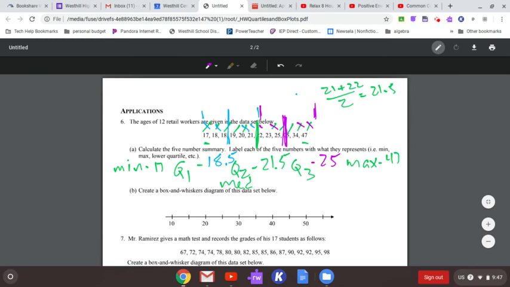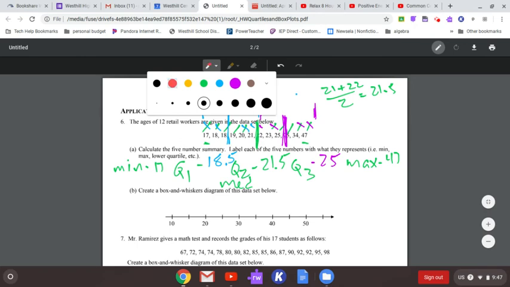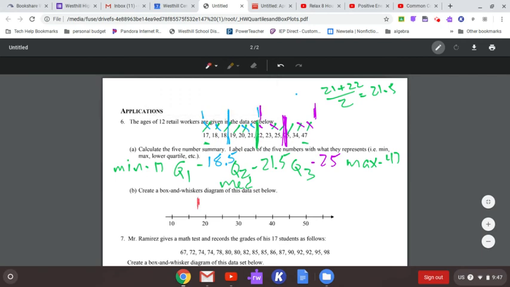We got our min, Q1, Q2, Q3, and our max. So now we can go ahead and graph it. We know our min, we'll put a dot or a line at 17. It's about right there. Q1 is just a little bit above it.